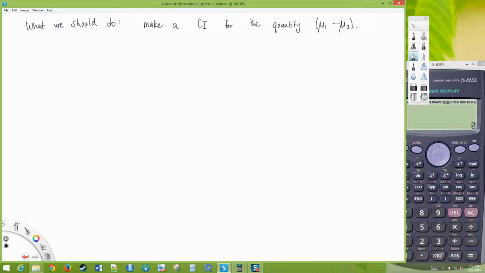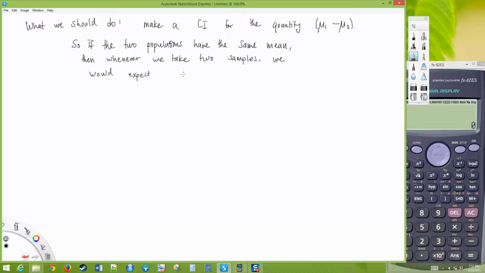Okay, so if the two populations have the same mean, then whenever we take two samples, we would expect the sample means y bar 1 minus y bar 2 to be what?